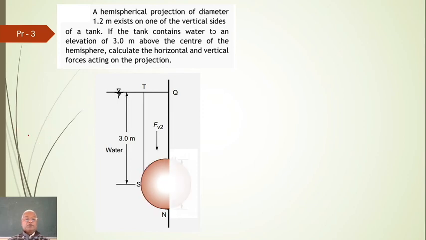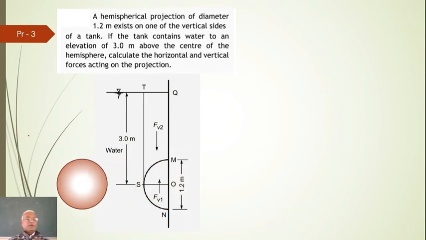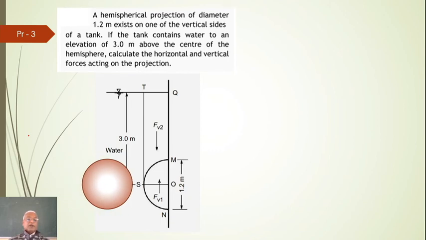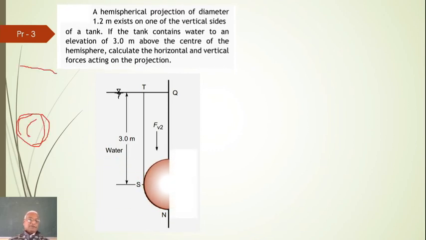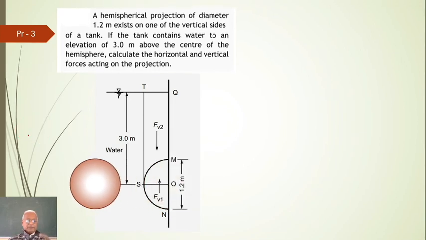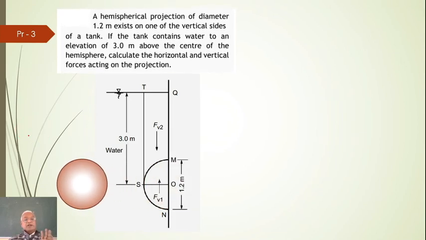Actually it is a dome, a hemisphere. You are looking from exactly the front, that's why it looks like that. Otherwise it is a half sphere which is projecting, but when you see it from the side view, it looks like a rectangle.